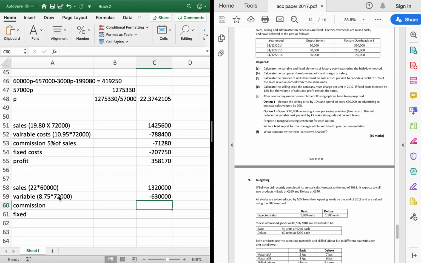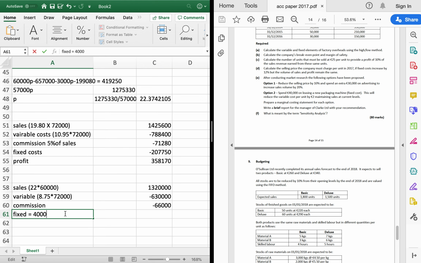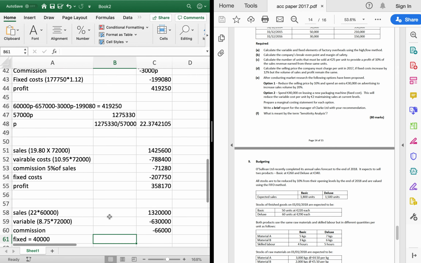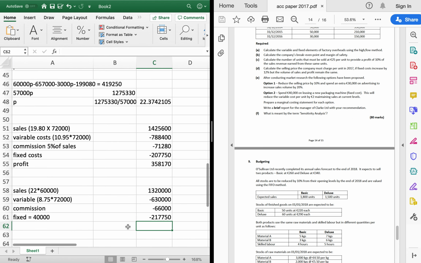And the commission will still be 5% of sales. Fixed costs need to go up by 40,000. So fixed costs for 177,750, and they're going up by 40,000. Okay, so if we check those sums, our profits are 406,250.